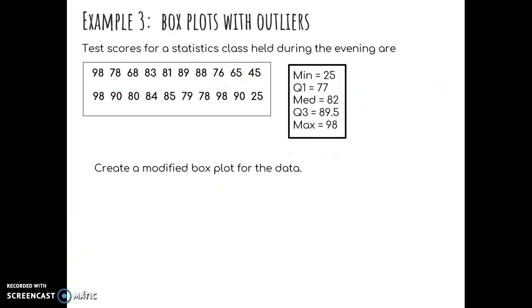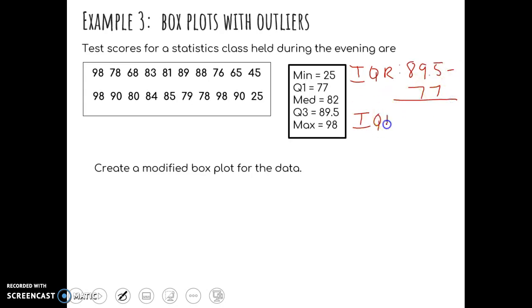Okay, so we're going to create a modified box plot here. We first need to find the outlier boundaries to see if there are any, so we need to find the IQR first, which is 89.5 minus 77, and we get for our IQR 12.5.